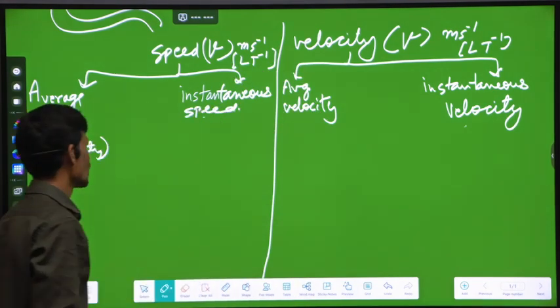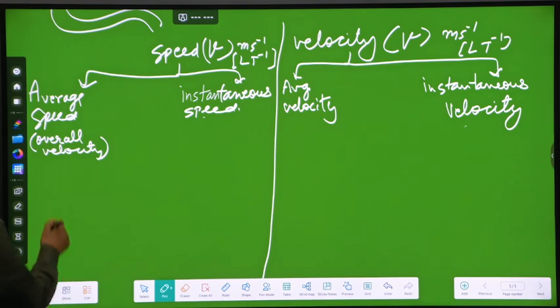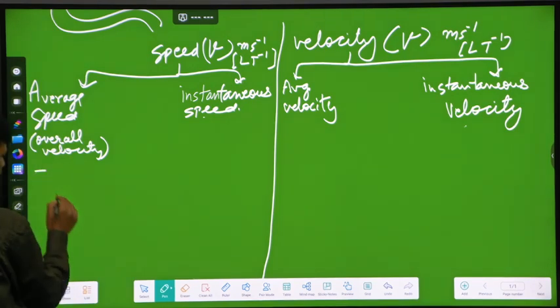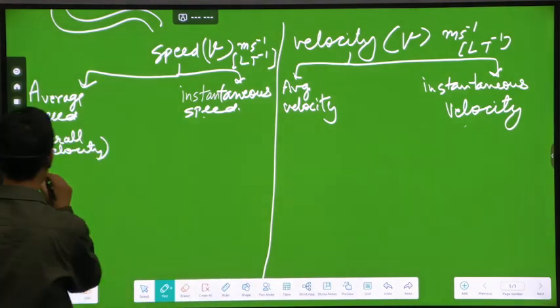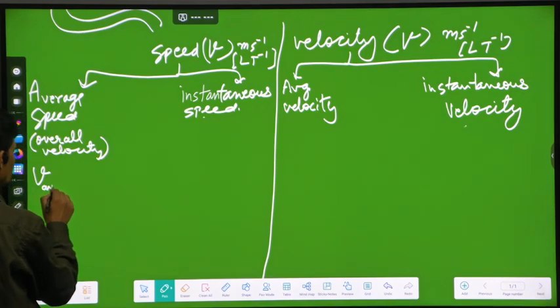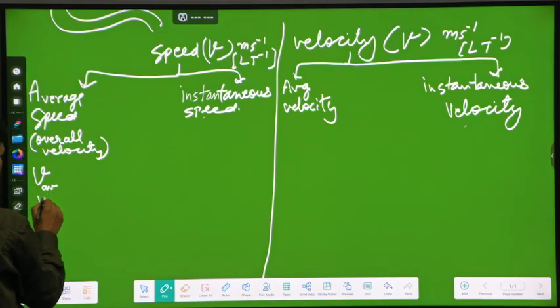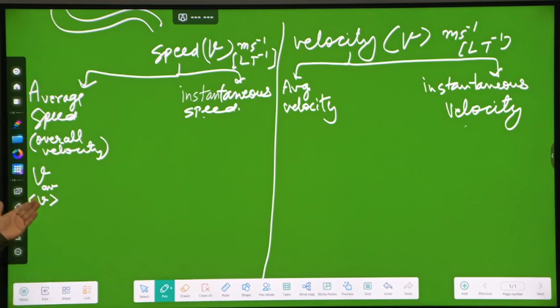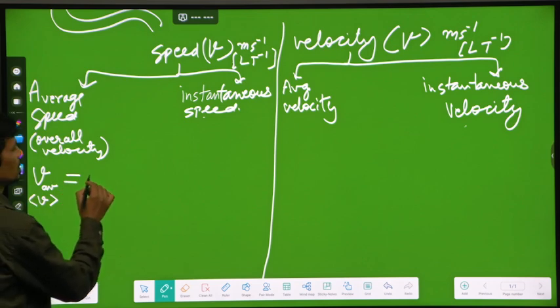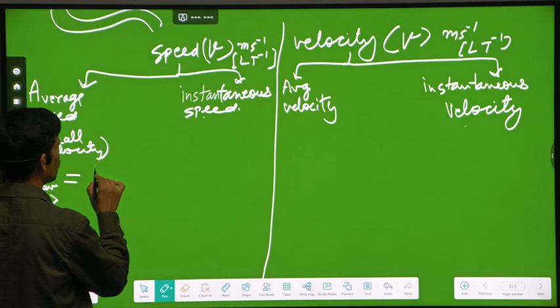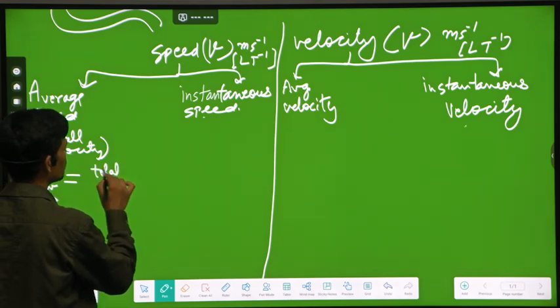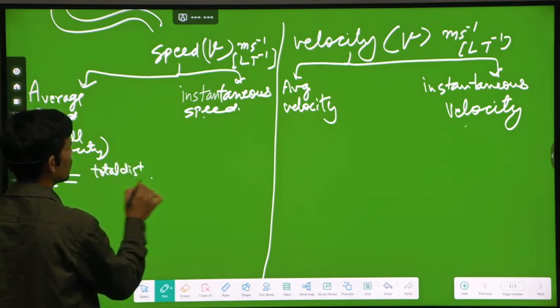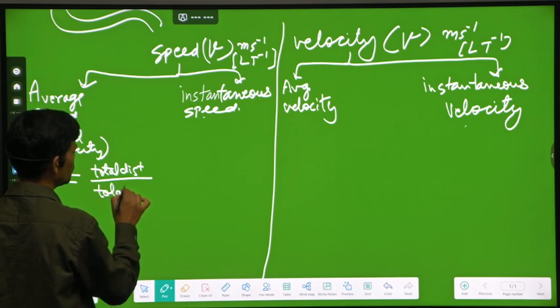So average speed is v average, or you can use the scientific notation with angular brackets. Both mean average speed is equal to total distance upon total time.